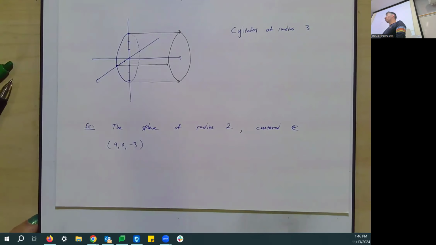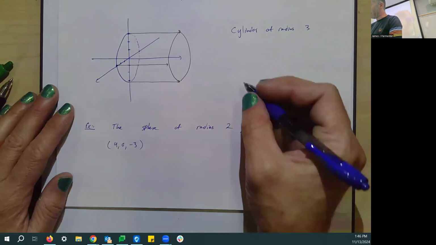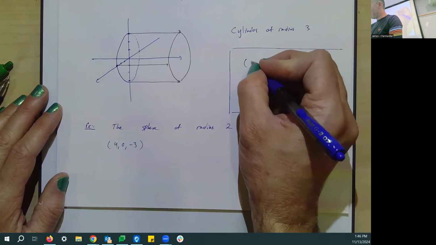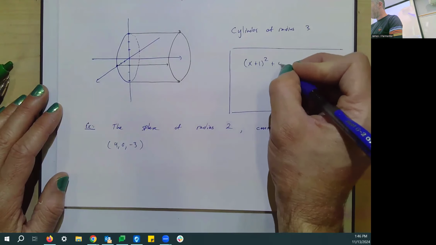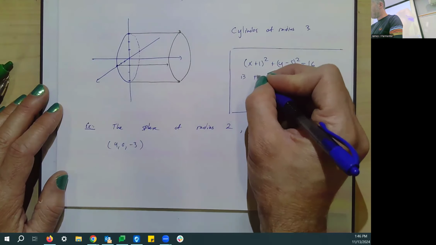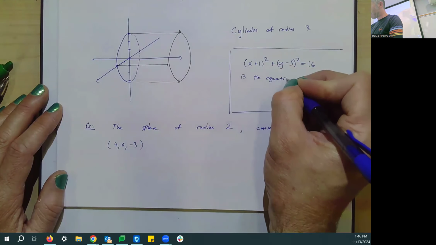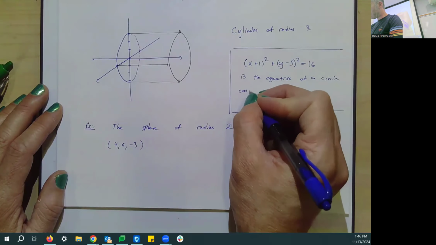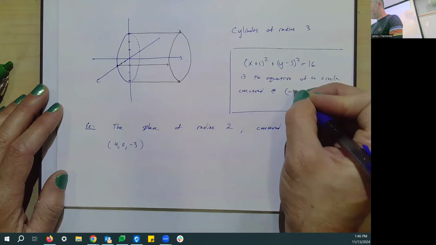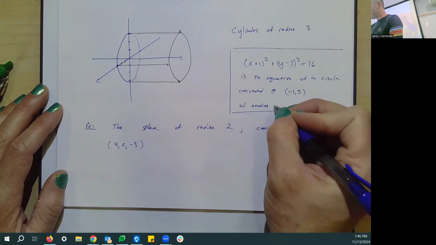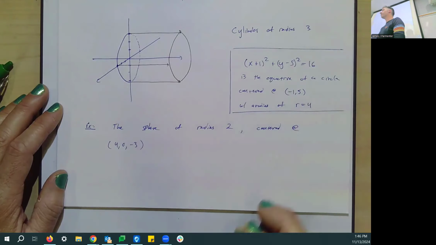And just like a circle, we have the same sort of format. So I'll point out that this equation here, x plus 1 squared plus y minus 5 squared equal to 16, is the equation of a circle centered at the point -1, 5 with a radius of the square root of 16, which is 4.